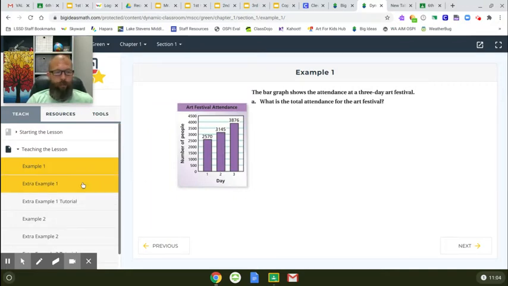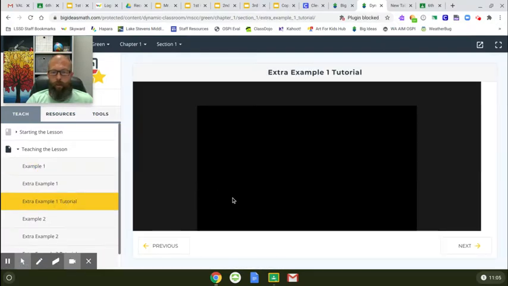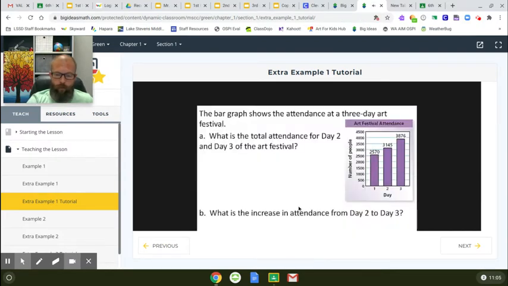The bar graph shows the attendance at a 3-day art festival. Part A. What is the total attendance for day 2 and day 3 of the art festival? The phrase total attendance indicates you want to find the sum of the attendances on day 2 and day 3. The attendance on day 2 was 3,145, and the attendance on day 3 was 3,876.